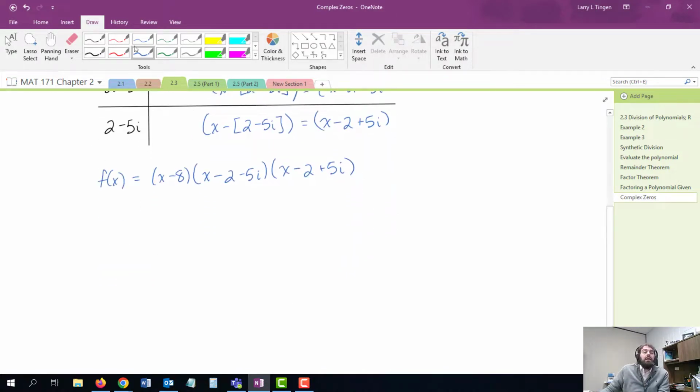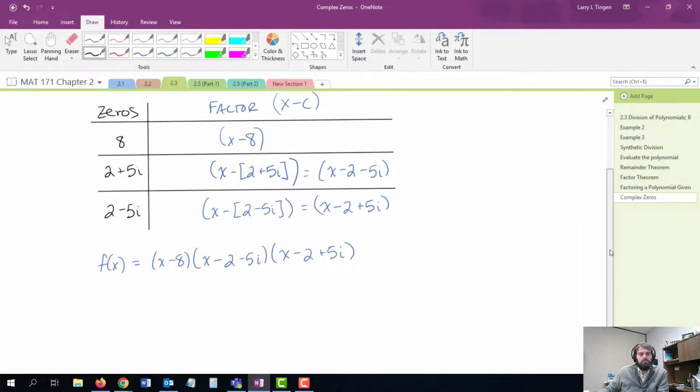All right, and the problem is probably going to ask you to multiply all that together. So these are my two zeros that are complex.